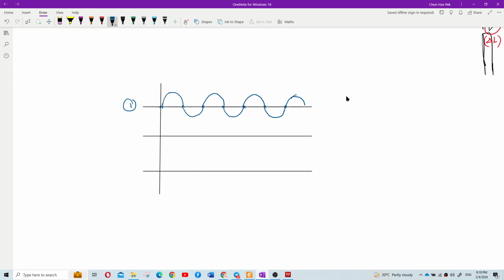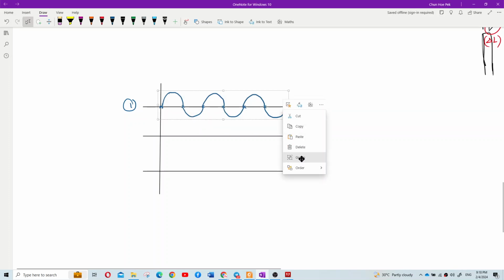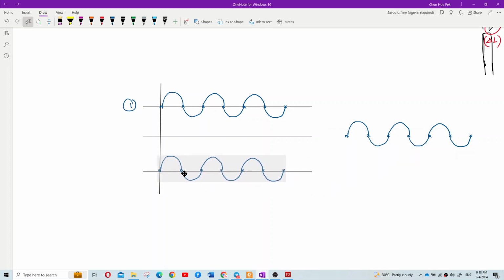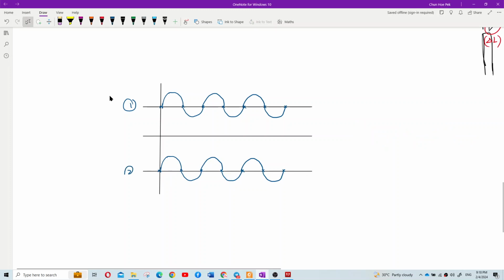No need so many. I group this also. Okay, that's good. So class, this is the first wave. Now the second wave. This is the second wave, class.